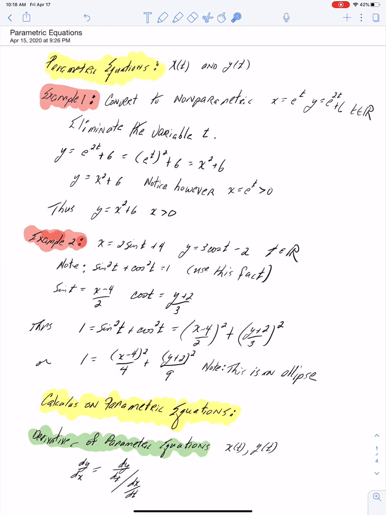Okay, so our example is x equals e to the t, y is equal to e to the 2t add 6, t an element of the reals. I want to eliminate the variable t and get a relationship between x and y. Well, I don't necessarily want to solve for t here and stick it in there.